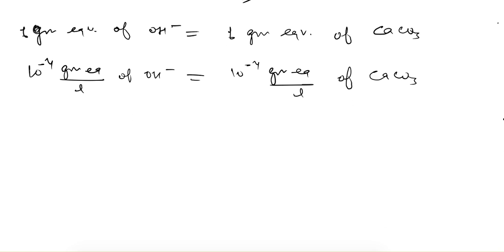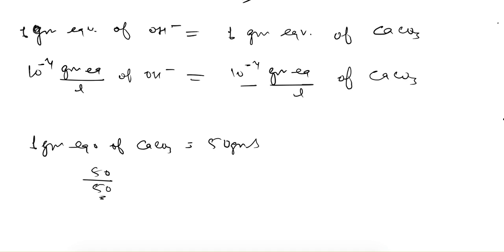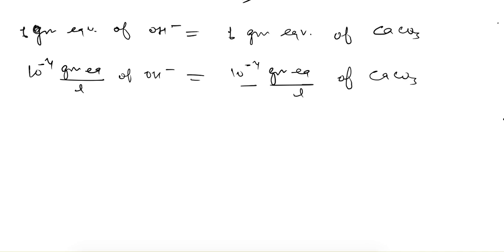And what is the weight here of CaCO3 in 10 to the power minus 4 gram equivalent? For 1 gram equivalent of CaCO3 we already saw it is equal to 50 grams, because weight divided by equivalent weight, the equivalent weight is 50, so it is equal to 50 grams. So we can find out in 10 to the power minus 4 gram equivalent what will be the quantity of CaCO3.